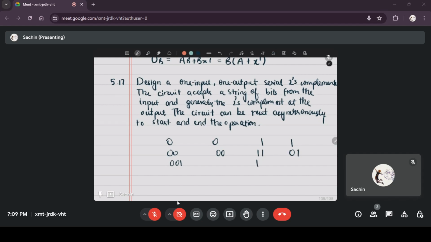If I give a 1 1 1, two's complement of that is 0 0 1. If I give 0 0 1, two's complement of that is 1 1 1.